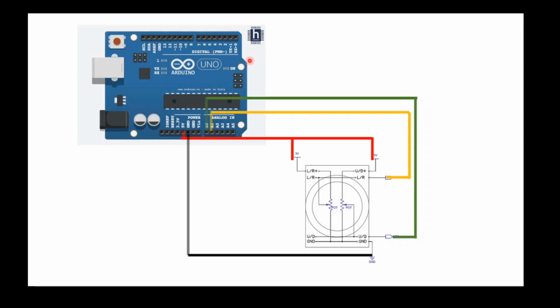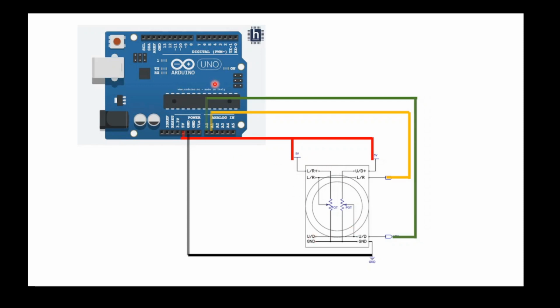I will do two examples. In one example, we will read in the value of this joystick using the Arduino platform. It means we will write the program in the Arduino platform, upload it to the memory of the Arduino, and we will see the value that the Arduino received from the joystick in the serial monitor of the Arduino platform.